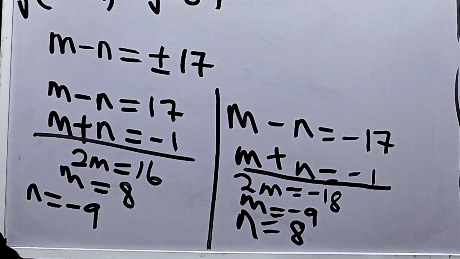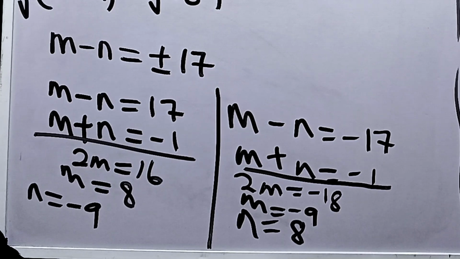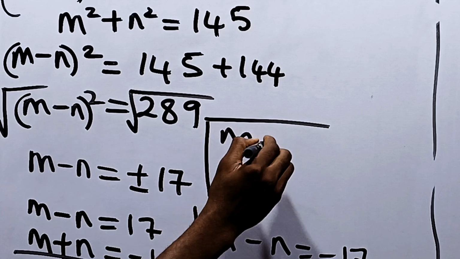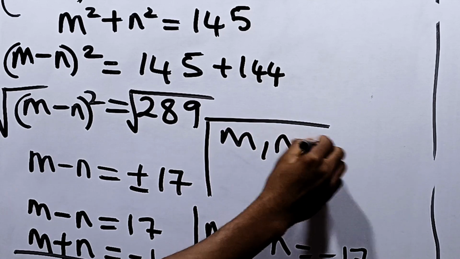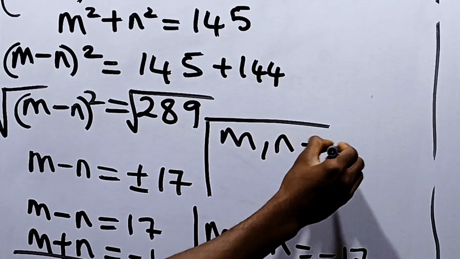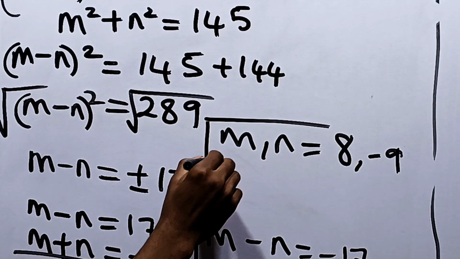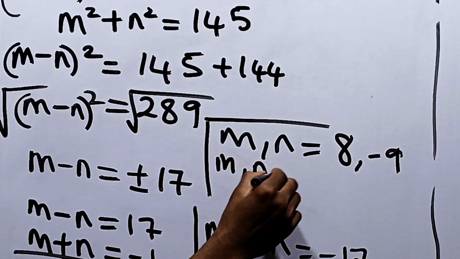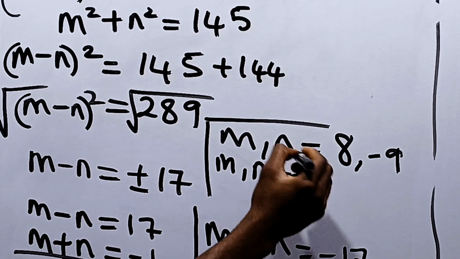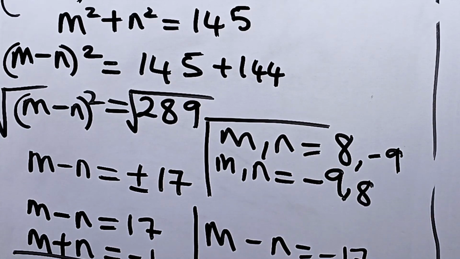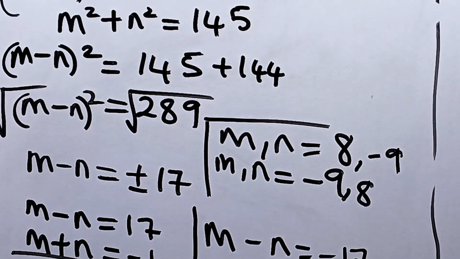So invariably, what we're trying to say here is that m comma n is equal to 8 comma minus 9, or we have that m comma n is equal to minus 9 comma 8. Okay, so these are the two answers for this equation.